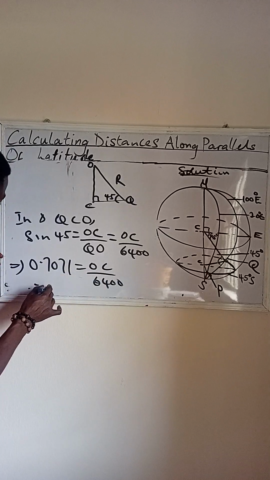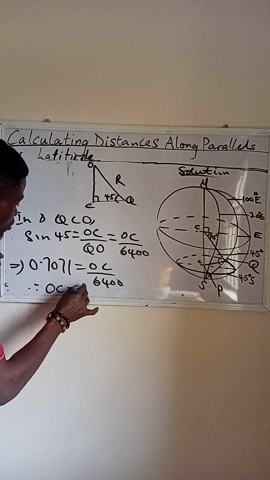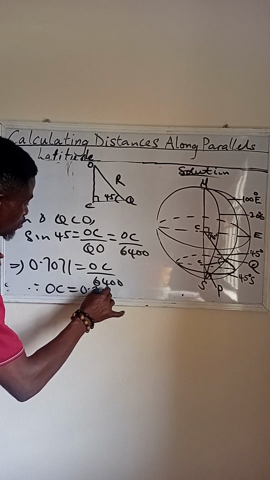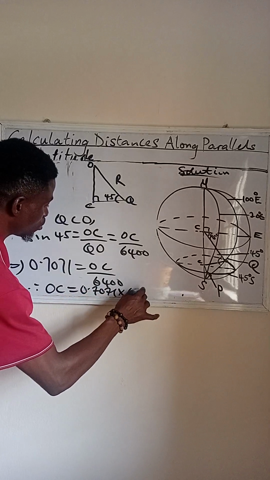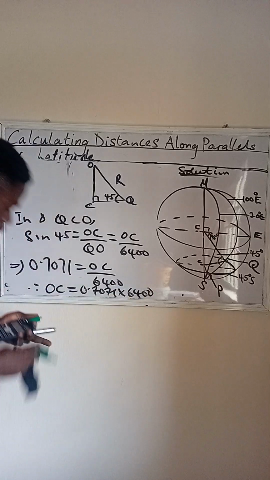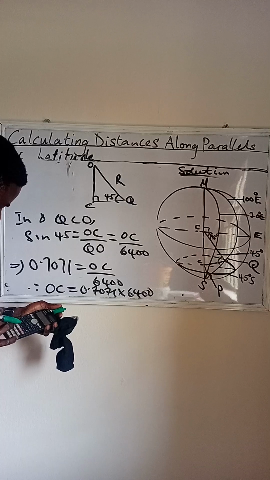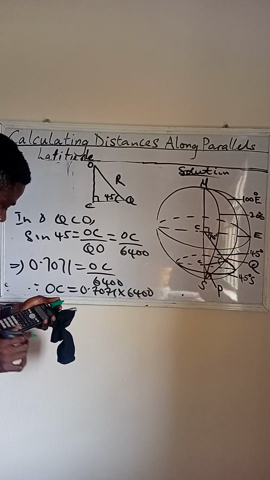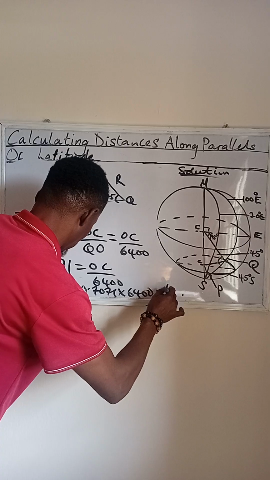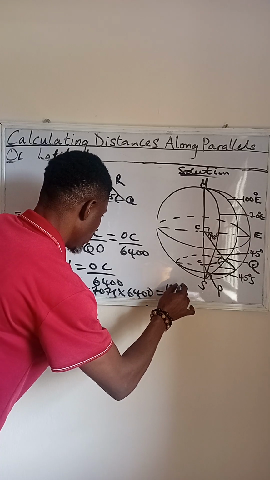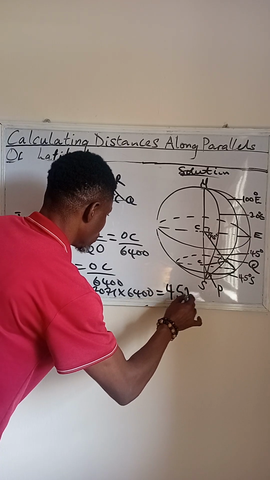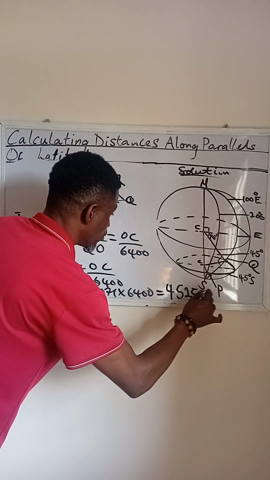Now just do cross multiply. OC is going to give you 0.7071 times 6,400. When you multiply them, we have 4,525.48.